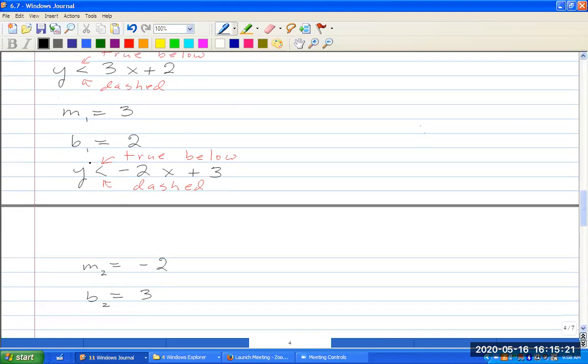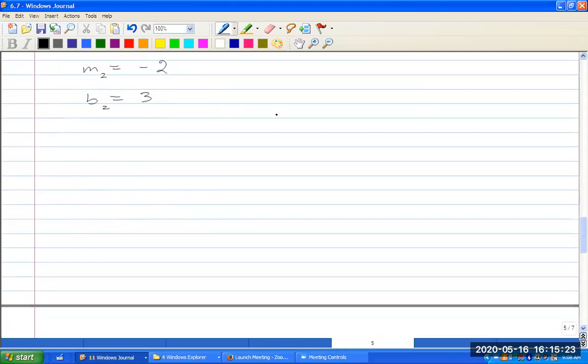Okay, so let's draw this. Let's sketch the graph. X, Y. So on the first one, the y-intercept was 2. Well, let's put some tick marks before I do anything.